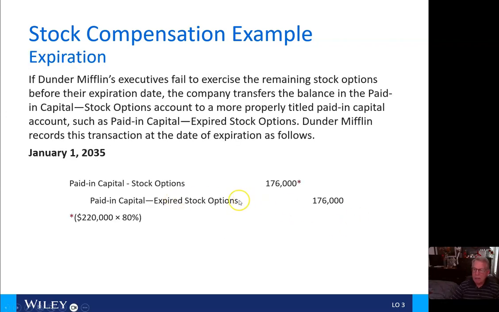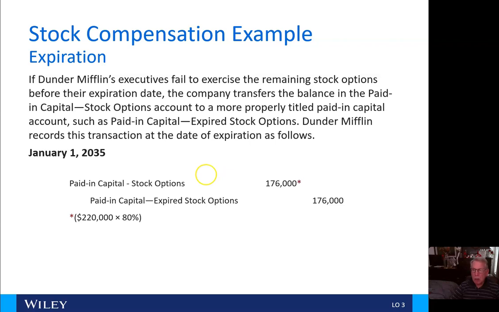Now, if they fail to exercise the remaining stock options before their expiration date, the company transfers the balance in the paid in capital stock options account to a more properly titled paid in capital account, such as paid in capital expired stock options.